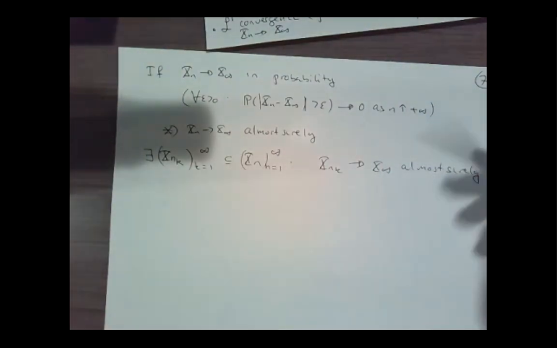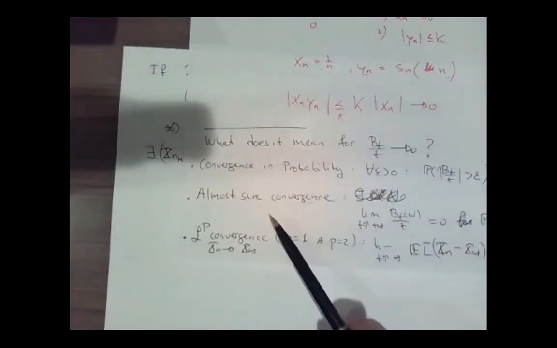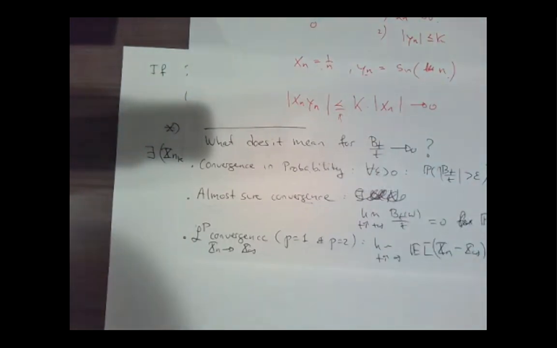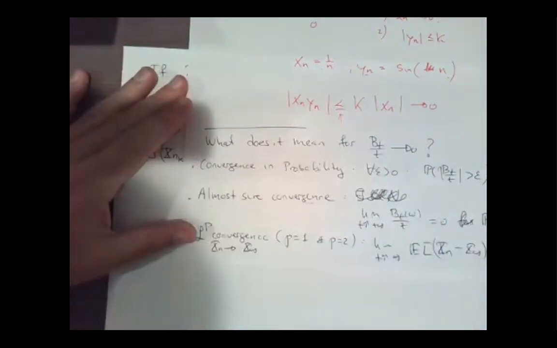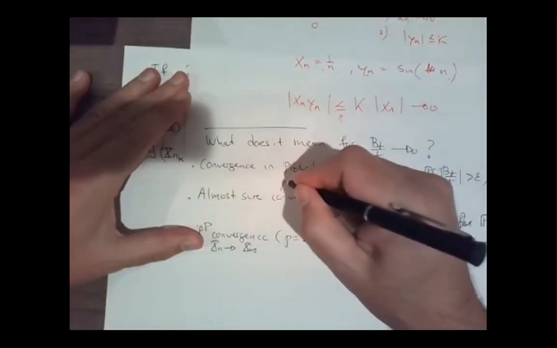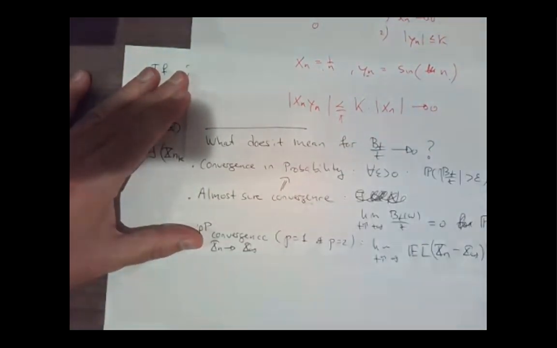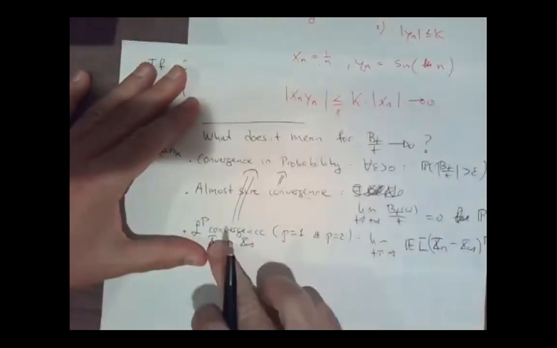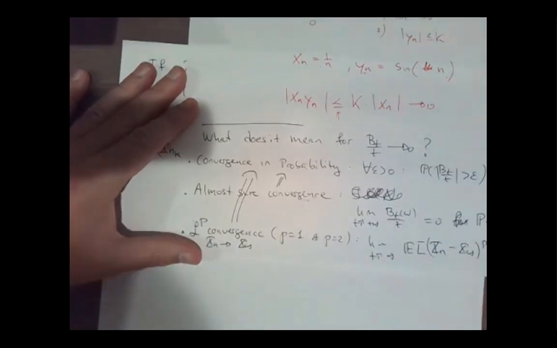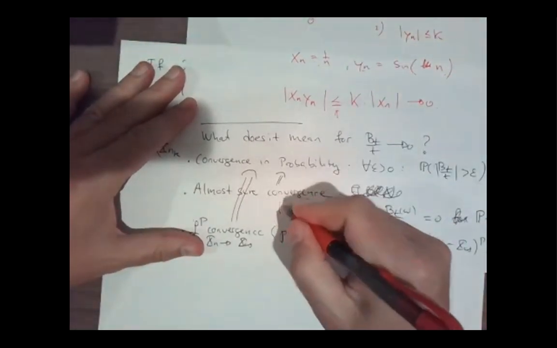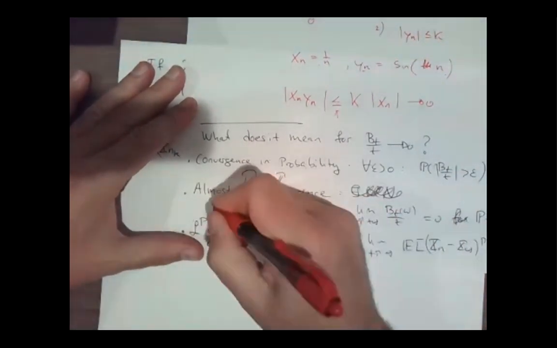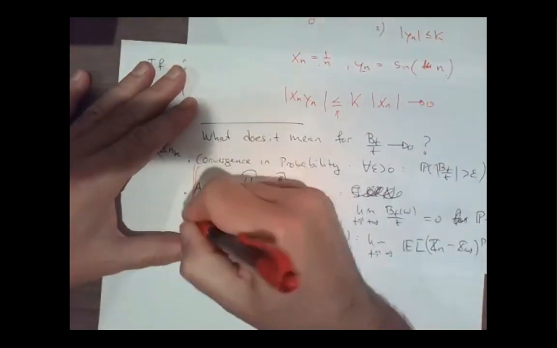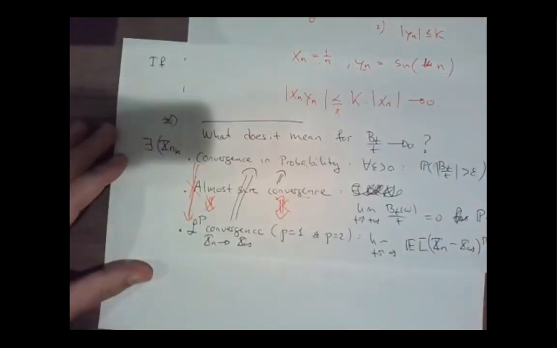If you're interested, you can look this up. Lots of probability textbooks discuss the relationship between these types of convergence. Convergence in probability is by far the weakest one. Almost sure convergence implies it, and L^p convergence implies it, but almost sure does not imply L^p, and L^p does not imply almost sure.